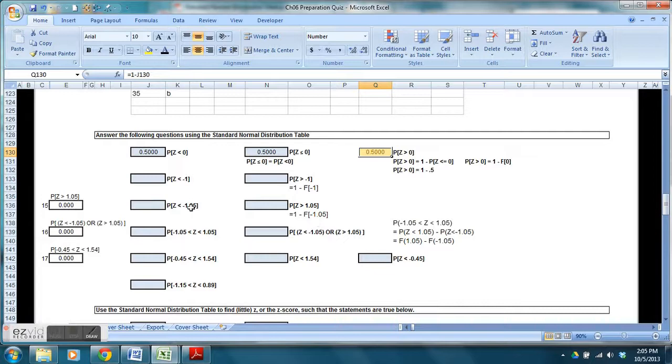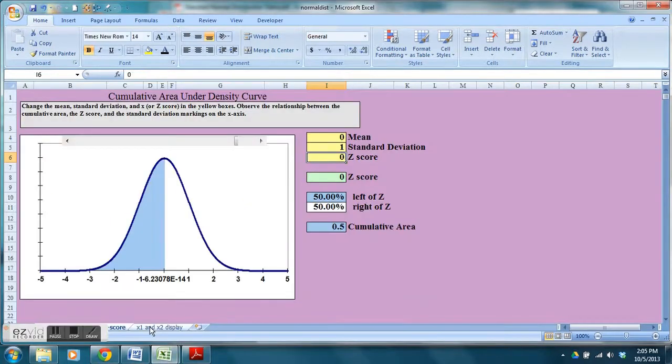Alright, same thing. Next row, probability that z is less than -1. Draw your z distribution, starting with -5 just so it looks like nothing's shaded. Start out drawing your bell curve. This is standard normal, so make your mean 0.